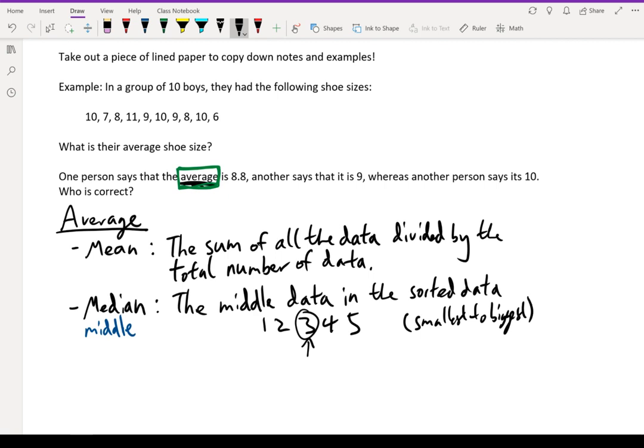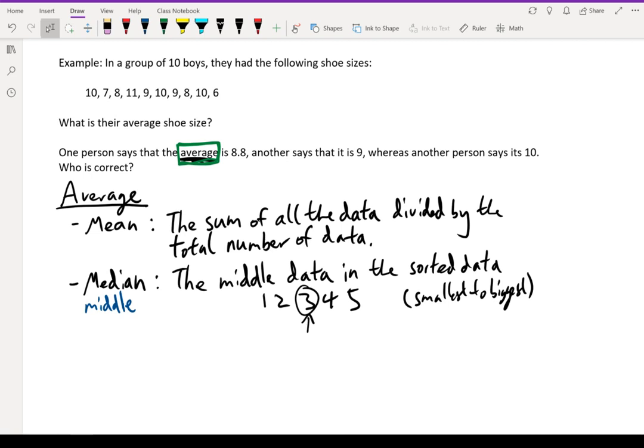There are 5 data, but how come I picked the third one? Well, that is the one in the middle. Okay, so there are two types of medians, in fact. This is the middle data in the sorted data, given that it is an odd number of data.